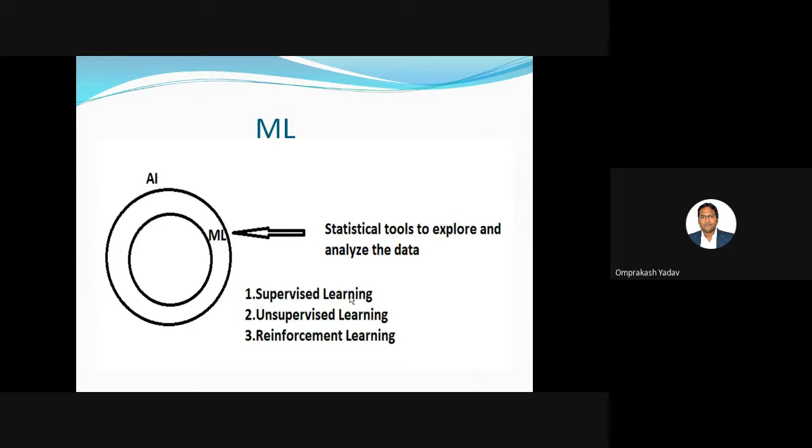You can also deploy certain reward strategies: if it does properly, it gets a reward. In this way we can deploy reinforcement learning. So is this clear to you? Yes, sir. Okay.